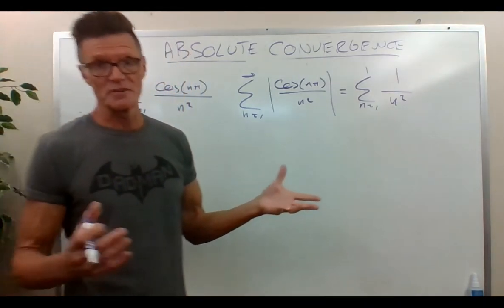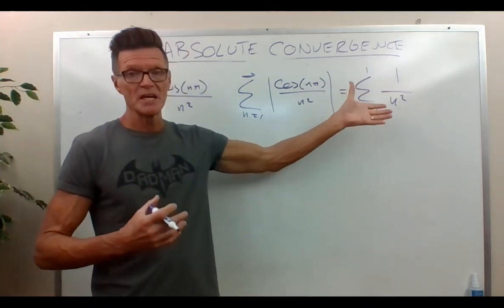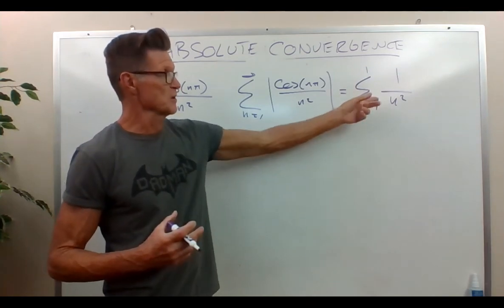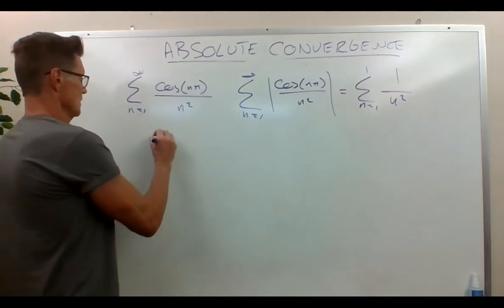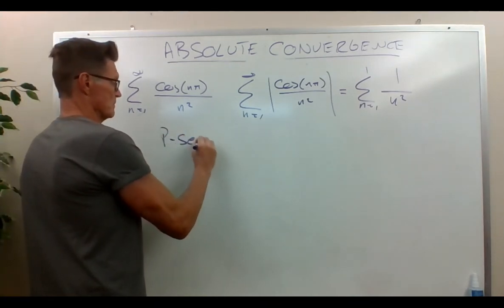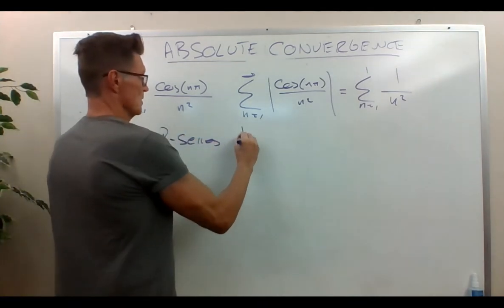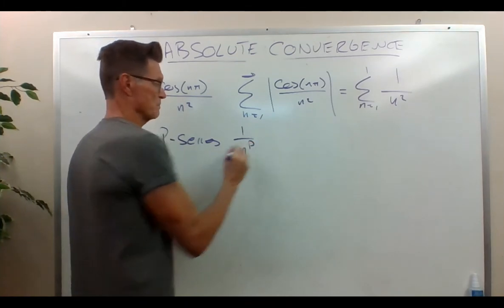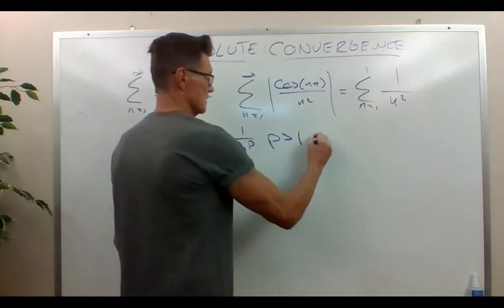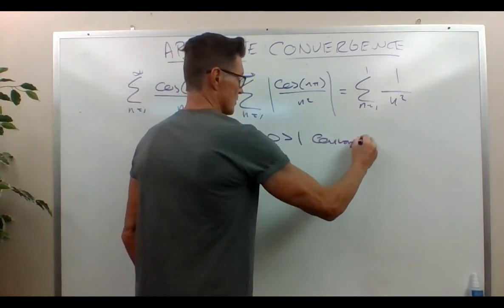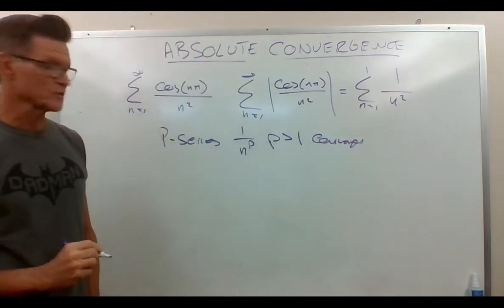Well, this is actually fairly easy to determine whether it converges or diverges, because 1 over n squared is a p-series. A p-series, you will remember, is of the form 1 over n to the p. And when p is greater than 1, we have a series that converges.